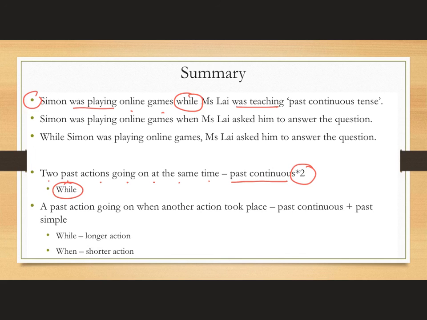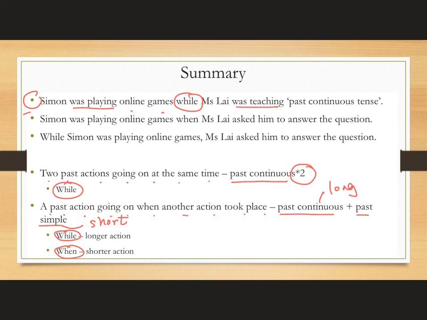When we talk about a past action going on when another action took place, we use past continuous for the longer action and then past simple for the shorter action. And then we use while for the longer action, but we use when for the shorter action.